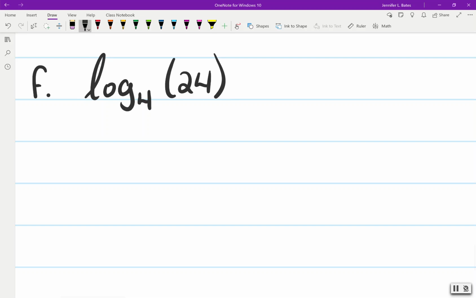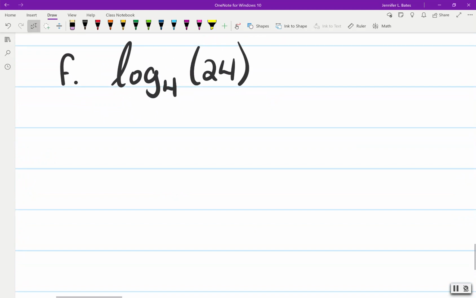Yeah, so one of the shortcuts that I want to use is the fact that log base 4 of 4 is going to be equal to the exponent. So I'm thinking, okay, 24 divided by 4 is 6. Now can 6 break into the piece of information that I have, the 2 and the 3? Yeah, because 6 is just 2 times 3.